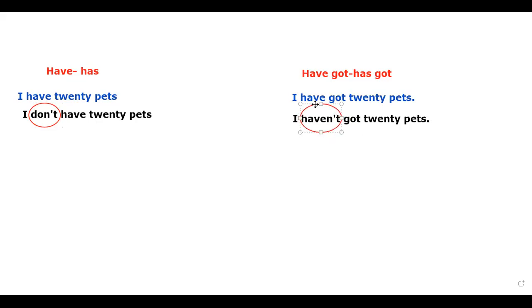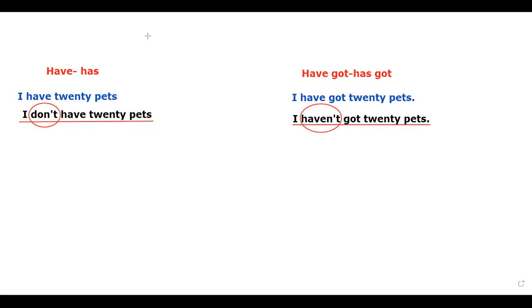No, in this case it means yo tengo. Okay. That is in negative. Yo no tengo 20 mascotas. Both mean the same. Okay.